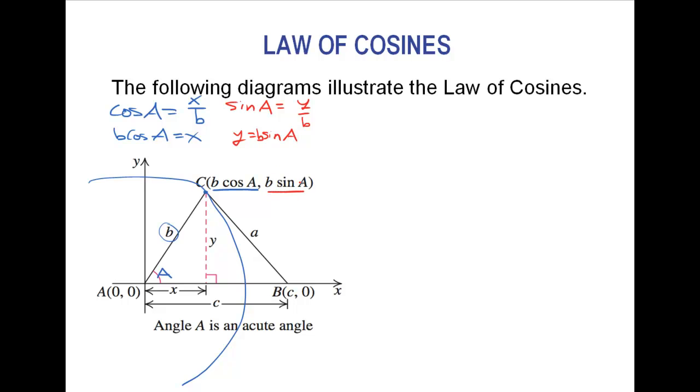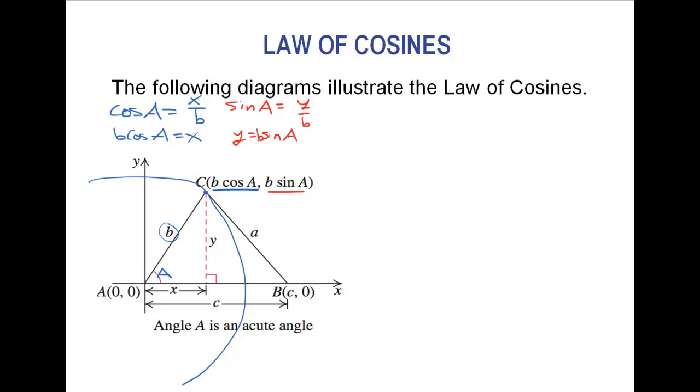Okay, so if we have a triangle with an angle centered at the origin, like this, then we know this point C is always described by the hypotenuse times cosine of A and the hypotenuse times sine of A. Okay, that's the first step.